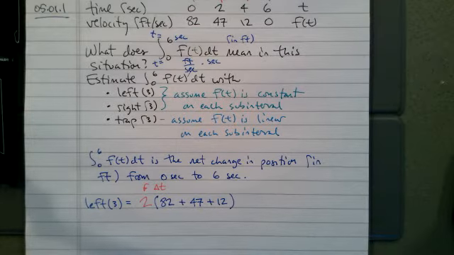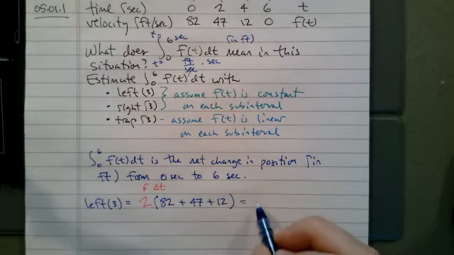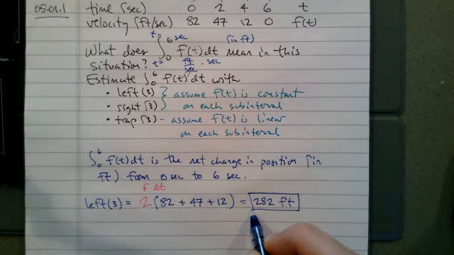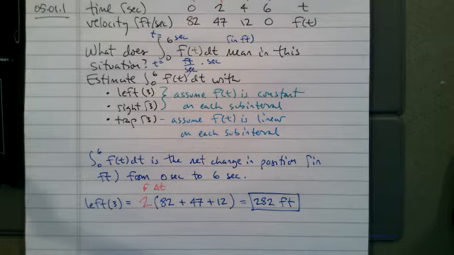And this gives us an approximation. So we'll get 2 times 82, 47, and 12. Any questions?